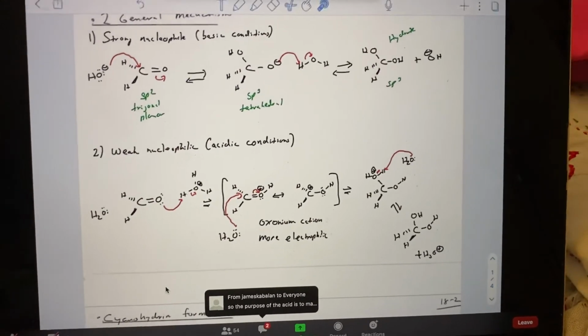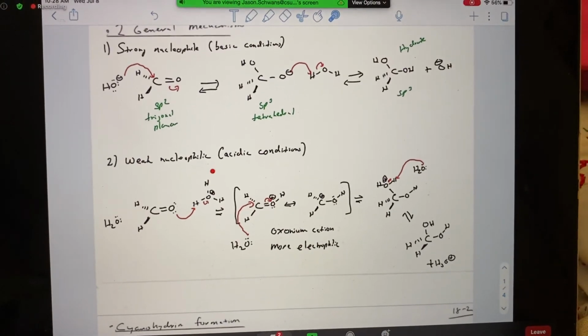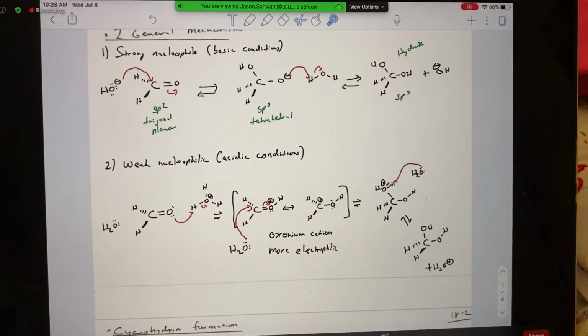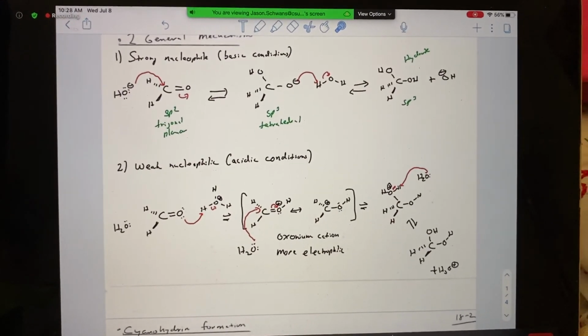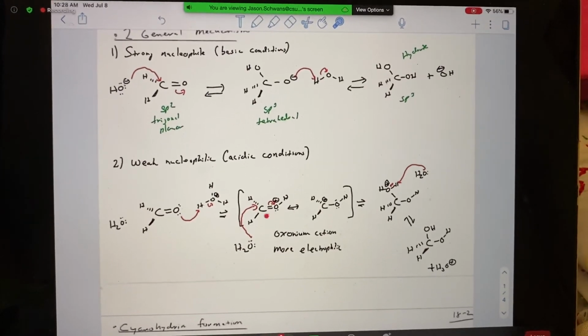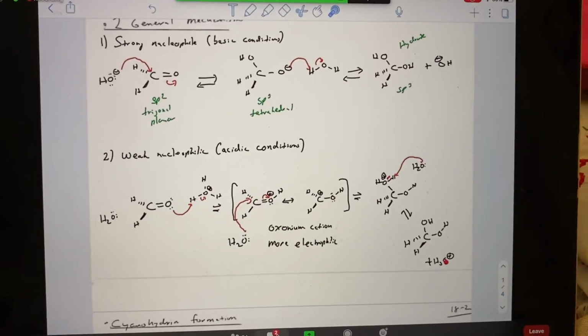The one is with a strong nucleophile under basic conditions. The other is a weak nucleophile under acidic conditions. And just like we mentioned, it's a negative formal charge on the top, negative, negative, negative. Under acidic conditions, it's positive, positive, in the resonance structure, positive, and then positive.